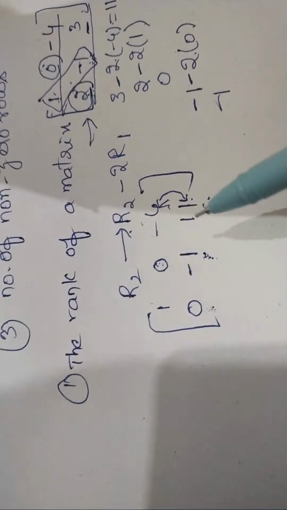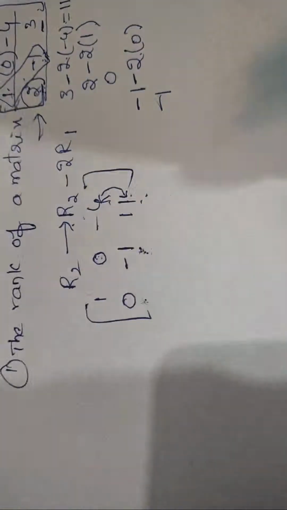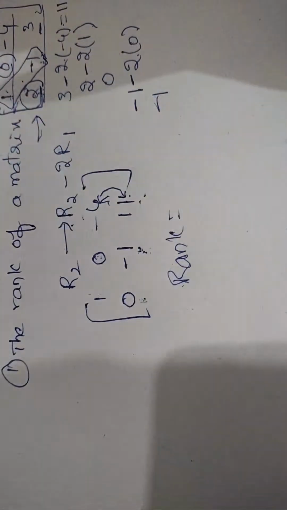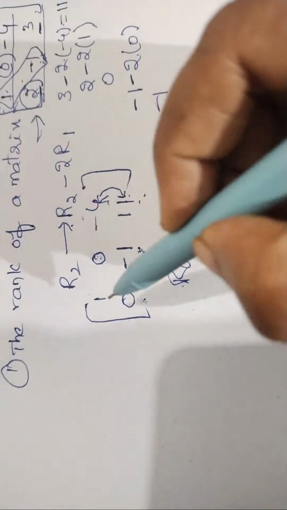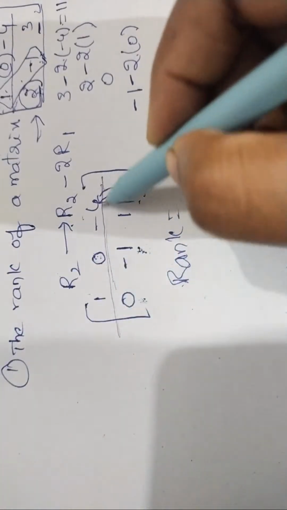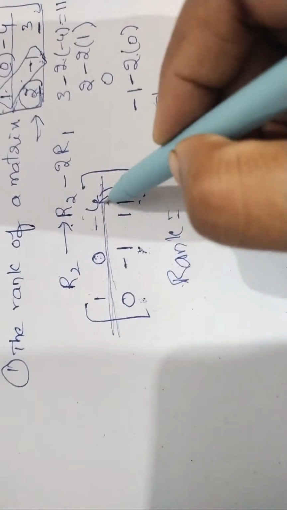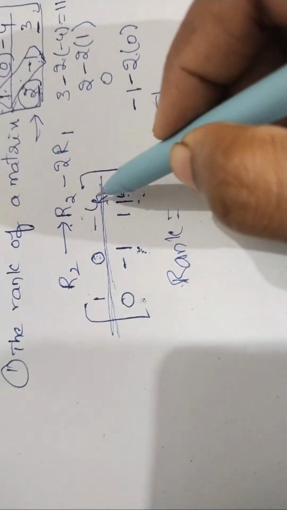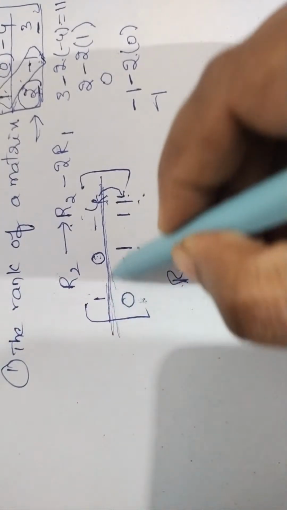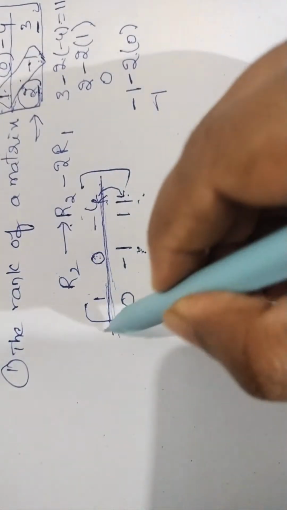Now, how do we find the rank? The rank of this matrix is the number of non-zero rows. Row 1 is a non-zero row, meaning it does not have all zeros.